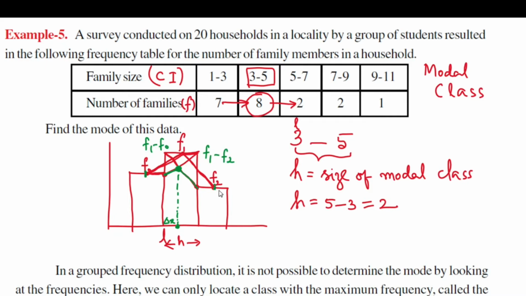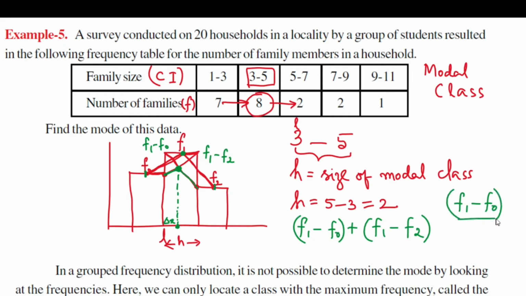The total change in frequencies is f1 minus f0 plus f1 minus f2. This is the total change in frequencies, and the change up to this modal observation is f1 minus f0.